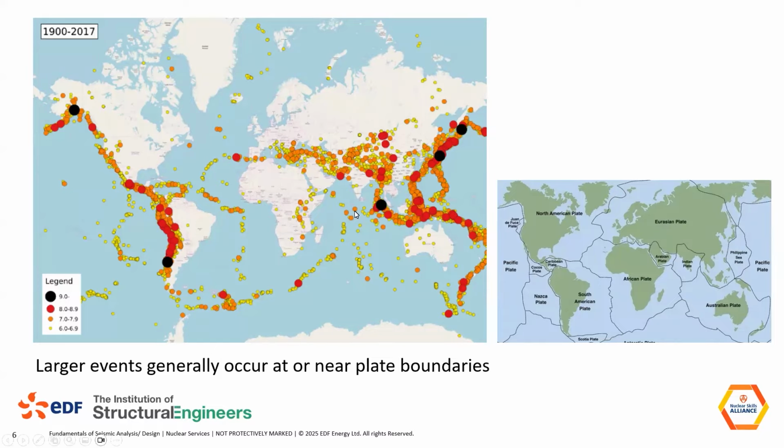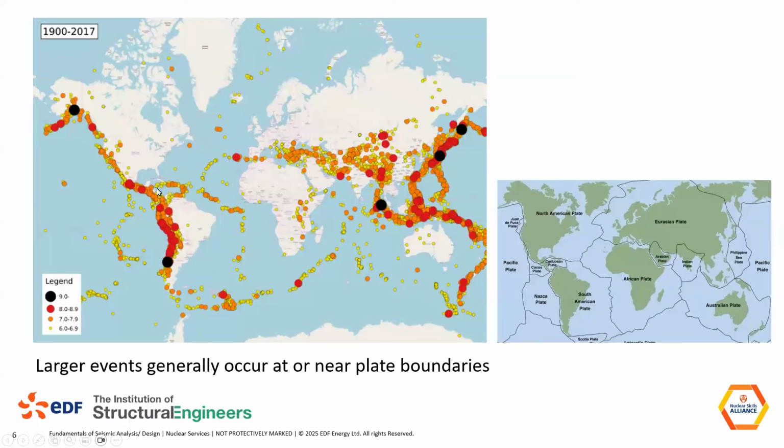But what you can see is, if you do a nice join-the-dots exercise like we did as kids, you'll basically draw out the tectonic plates, and that's because the large earthquakes, the big events, generally occur at the boundaries. You can see this specific ring of fire, as it's known, basically down the west coast of America, then up New Zealand, in the east, Southeast Asia, then Japan.